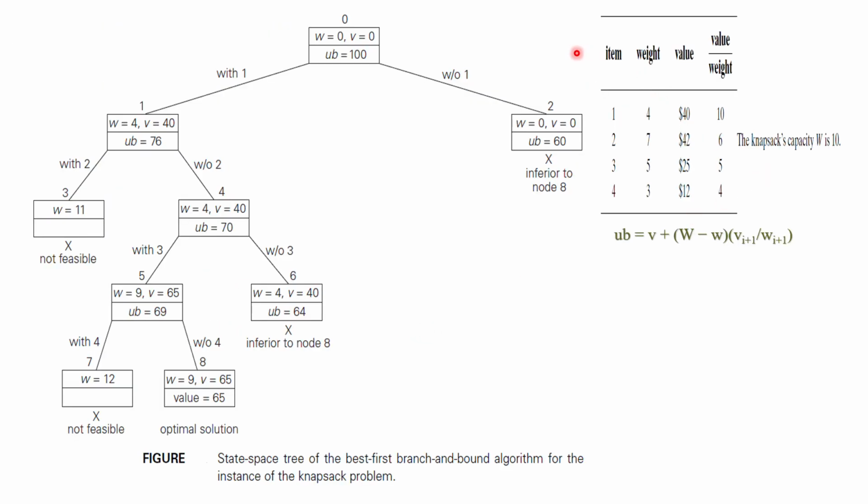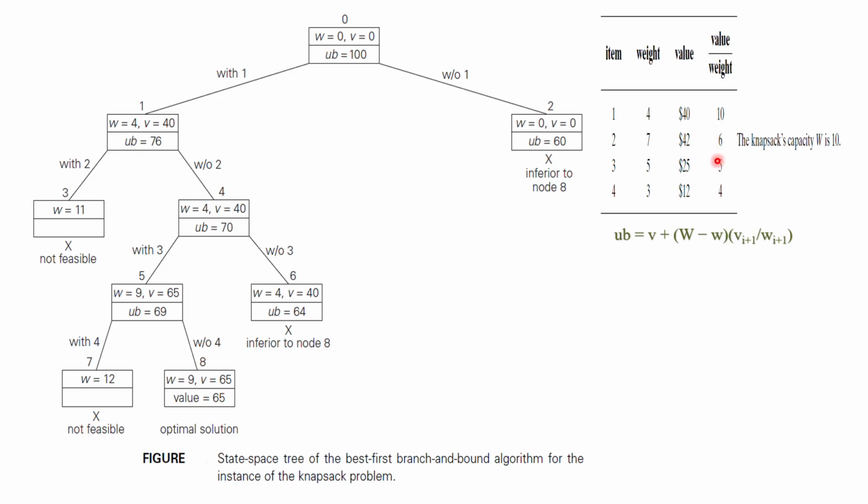So this is the example. I already calculated the value divided by weight, and I arranged the items in decreasing order based on this ratio. See, these are the items, and the weights of the items are 4, 7, 5, 3 and the values are 40, 42, 25, 12. First you have to find the ratio, value divided by weight.